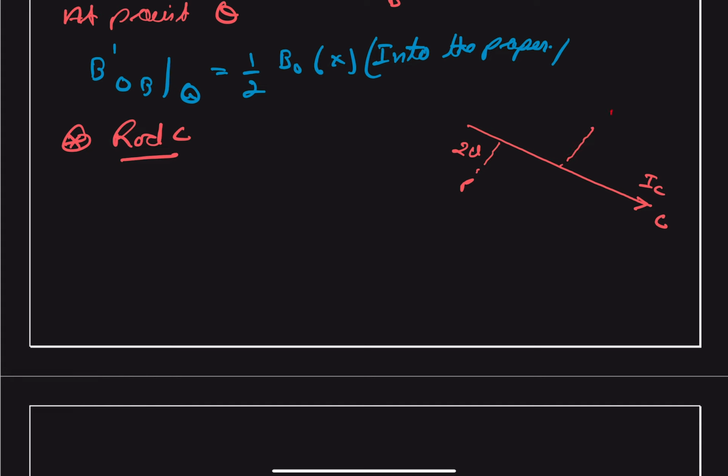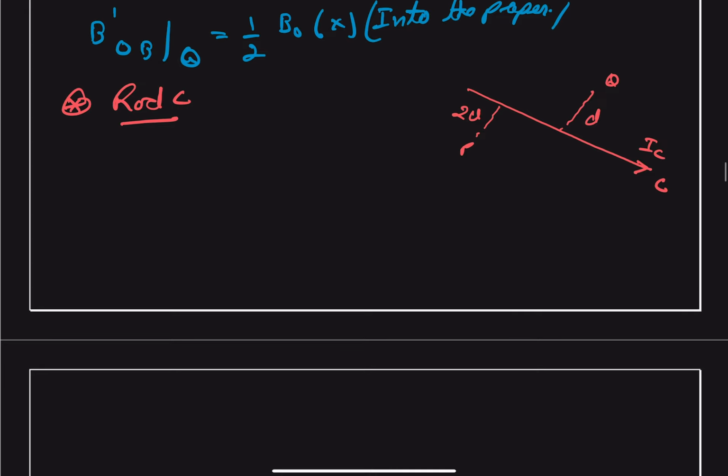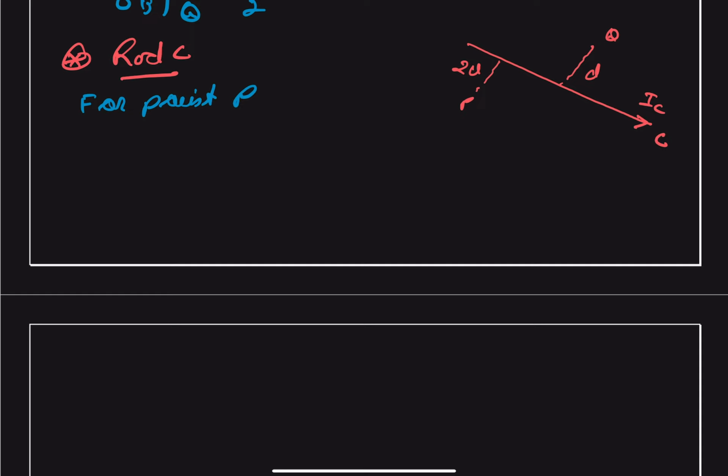For point P, we get the magnetic field as B prime OC at point P, and in this case also let us assume for the time being that the current value is still I naught, or we can say K multiplied by I naught. It will be much better.